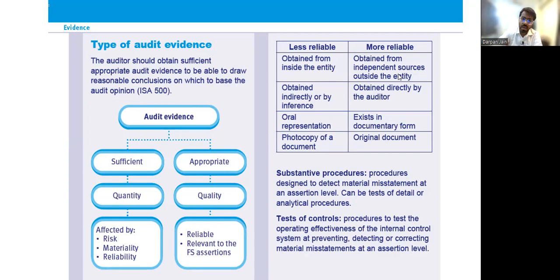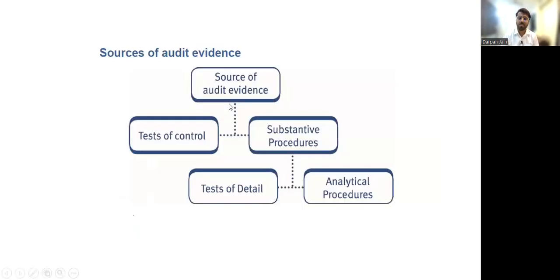Great. Now, in order to collect evidence, what are the things that an auditor does? Mainly, there are two things: test of controls and substantive procedures. The sources of audit evidence are majorly two. What do you mean by test of control?